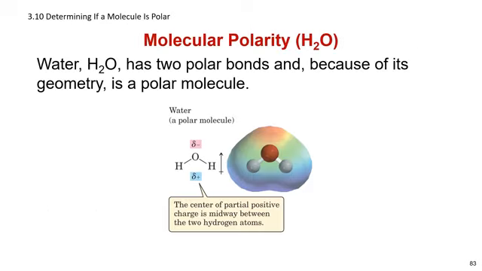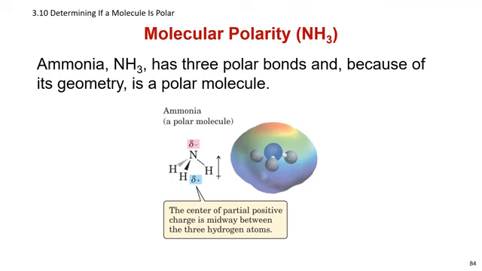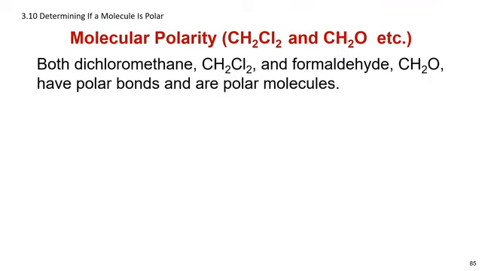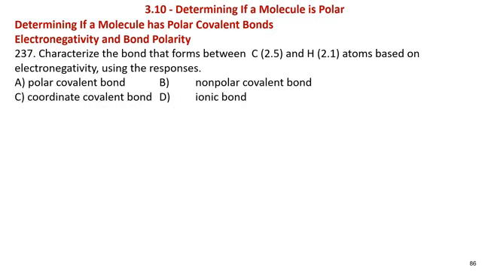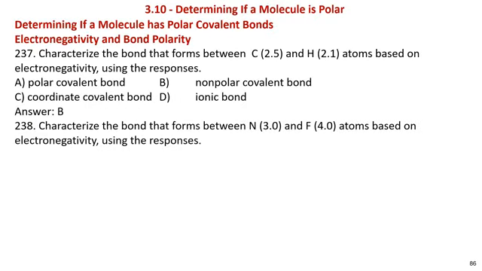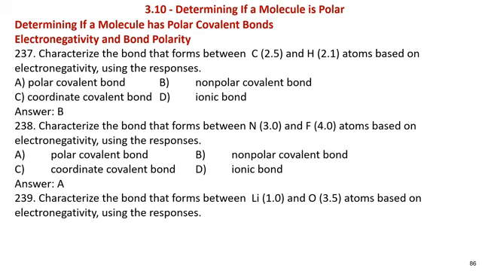Dichloromethane is polar. Formaldehyde is polar because oxygen is on one side and two hydrogens on the other. Therefore, at least you have to remember this. Acetylene is non-polar because the electron distribution is symmetrical.